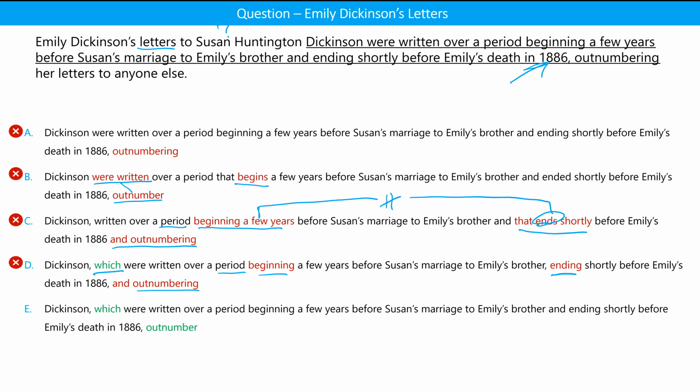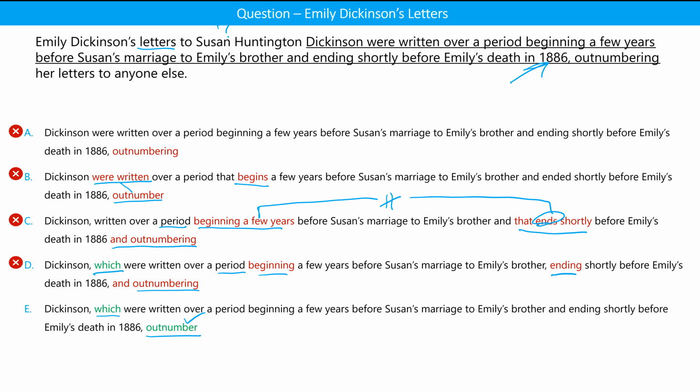Now choice E is looking like our correct answer choice. We have Emily Dickinson's letters. We have that proper verb association for the letters outnumber here. So check on that. We do have the use of which as that slightly far away noun modifier, but again, as we discussed, it is okay to have that slightly far away noun modification.